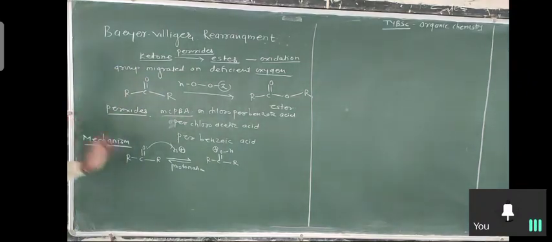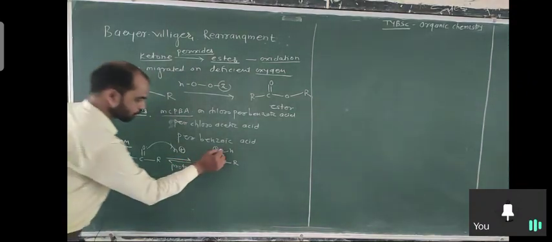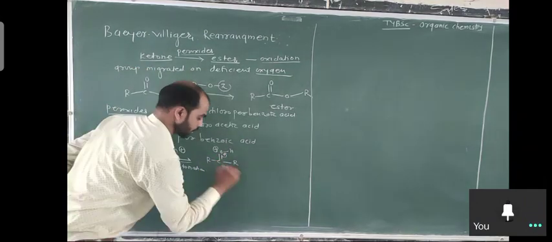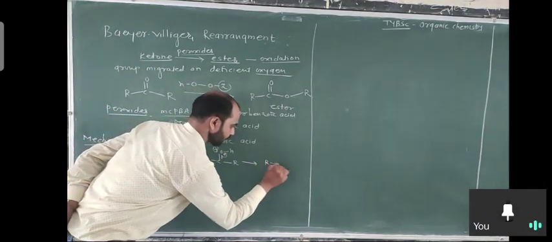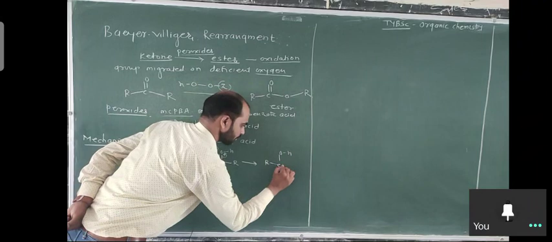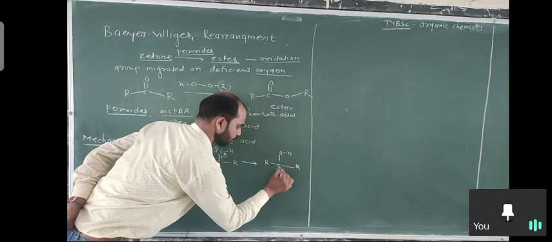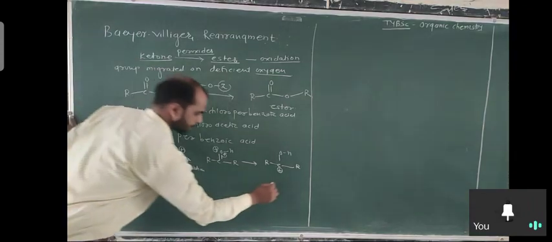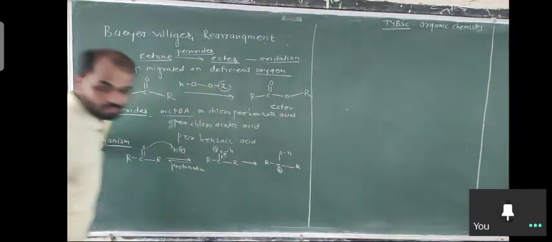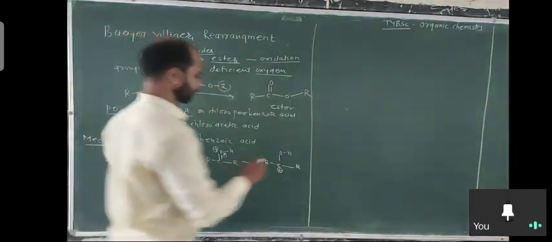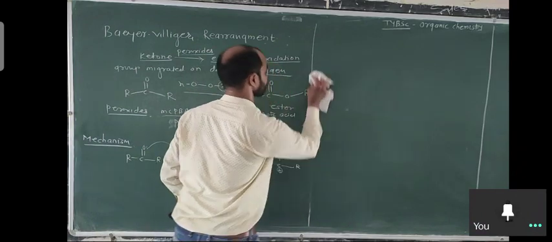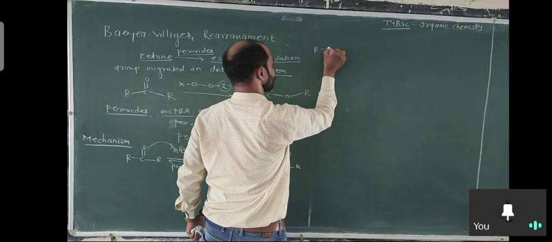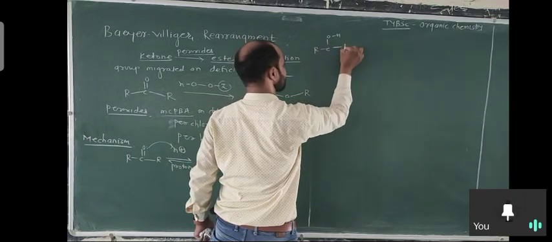Due to this instability, the positive charge shifts from oxygen to carbon. So here is the formation of carbocation. Next, we come to this species, right?